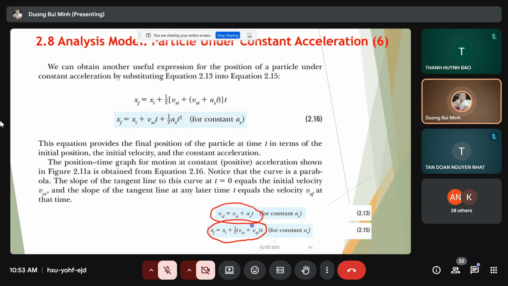So I would like to combine this equation and this equation. We have xf is xi plus half, I write here Vxi. So Vxf is what? Vxf is Vxi plus Ax times t. I combine, and then t here.